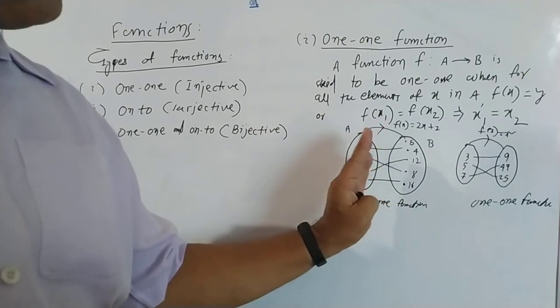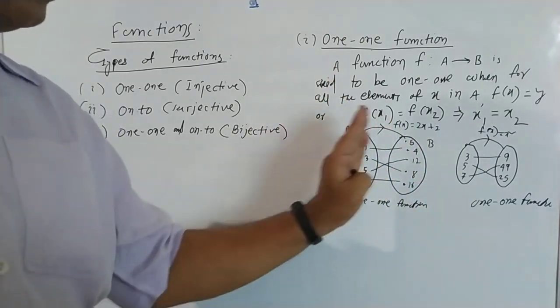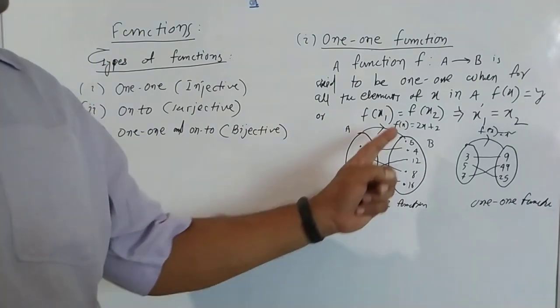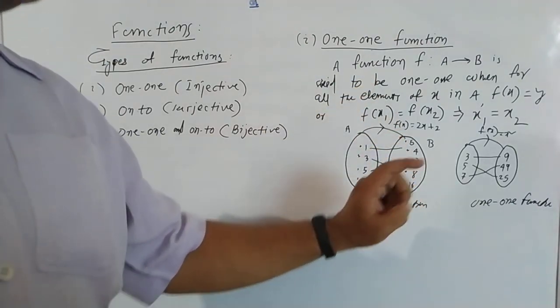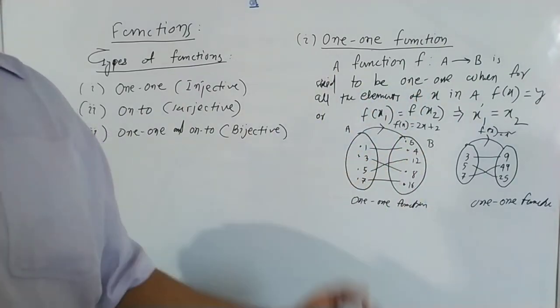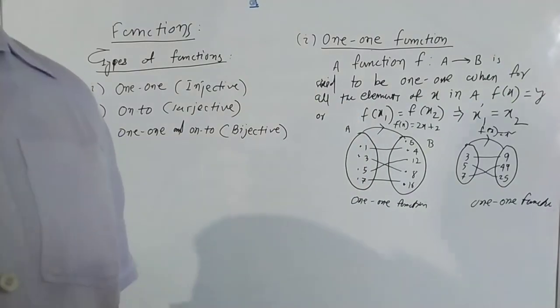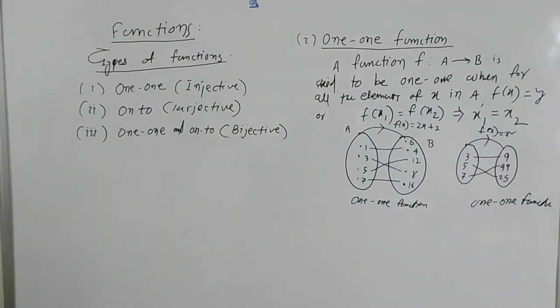They must have one-one image. For each element, one image. There may or may not be any extra element in B which is not an image. It doesn't matter. However, it is a one-one function.